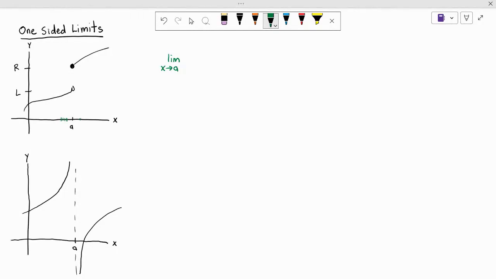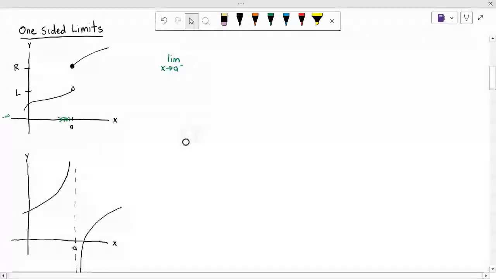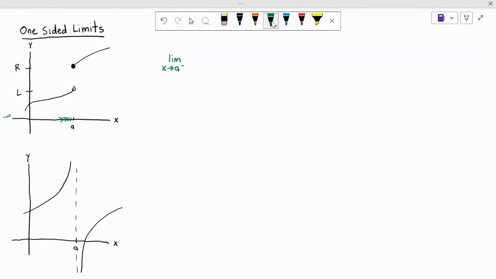However, we need a notation that indicates that the x's are approaching a from the left side, or from the negative side of the number line. The notation you'll learn is a superscript with a minus. The minus just means we are approaching a from the negative side of the number line, the left side. This means that x is slightly smaller than a, to the left of a.